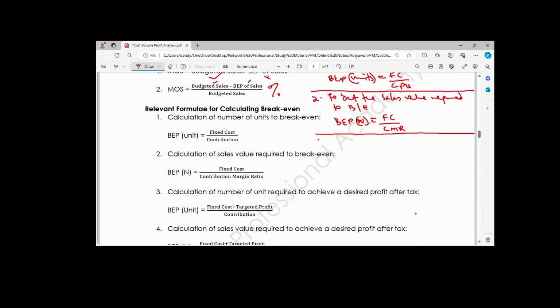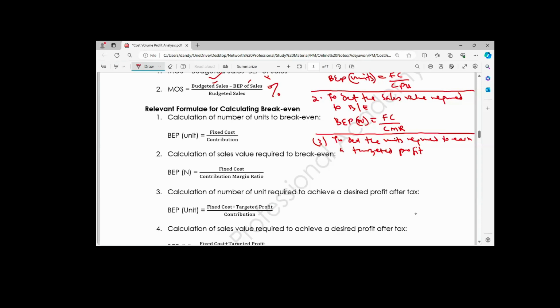Number 3 objective is to determine the number of units required to earn a targeted profit. Previously, your intention was to break even, that is, you don't want to make profits and you also don't want to incur losses.